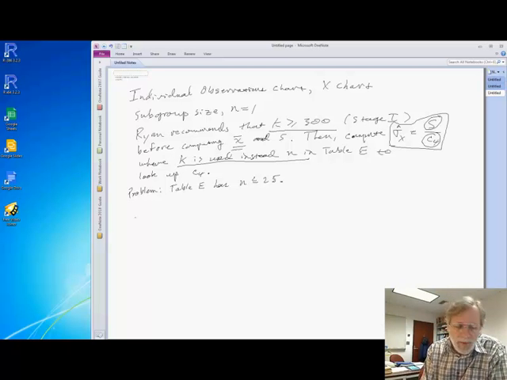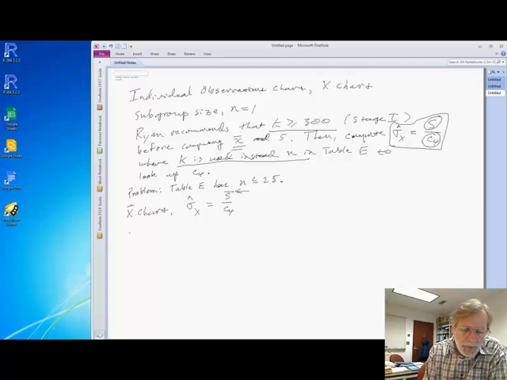And notice that with an X bar chart, I do this. But I don't need to do this averaging because I don't have subgroups. I just have one computation of S.